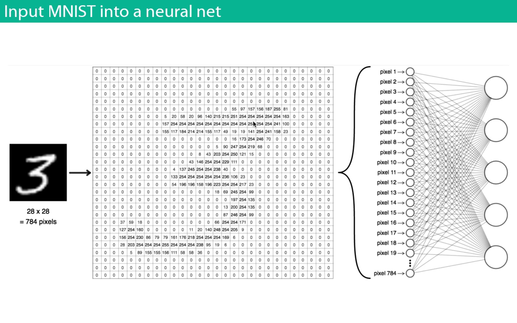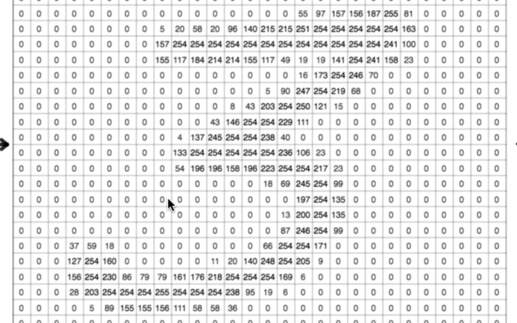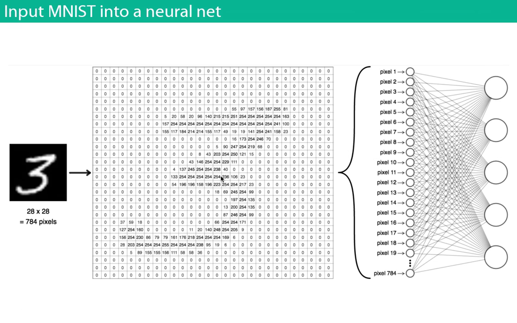Now recall, most of you probably know that an image is just a set of pixels, which is just a bunch of numbers. So this MNIST sample right here, the 3, just looks like this. It's just a bunch of numbers. The blacks are all 0, and the brighter the intensity of the pixel, the brighter the color.